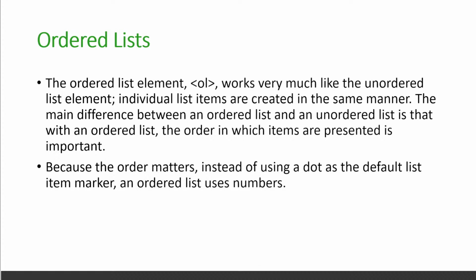And the big difference between the two here is that because order matters, instead of using a dot as the default list item marker, an ordered list uses numbers. So instead of just a dot denoting different items, our ordered lists would be represented as item 1, item 2, item 3, item 4, and so on.